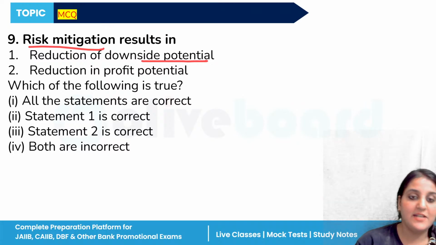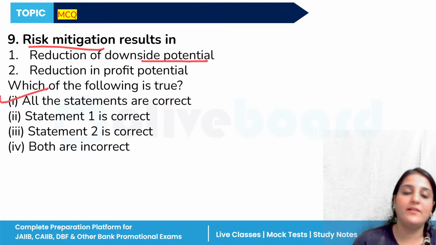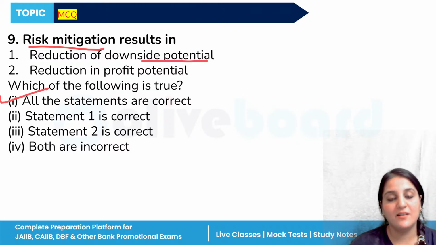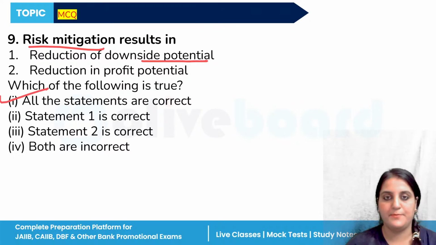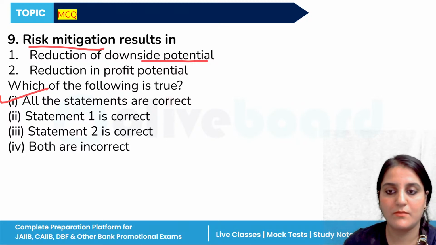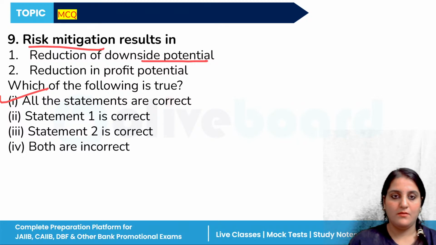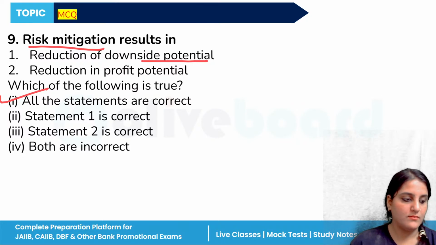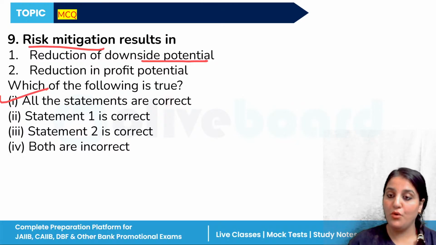So we can say that both are correct in this matter. So all the statements are correct is the correct answer here. In risk mitigation, both are correct, so option first is correct here.